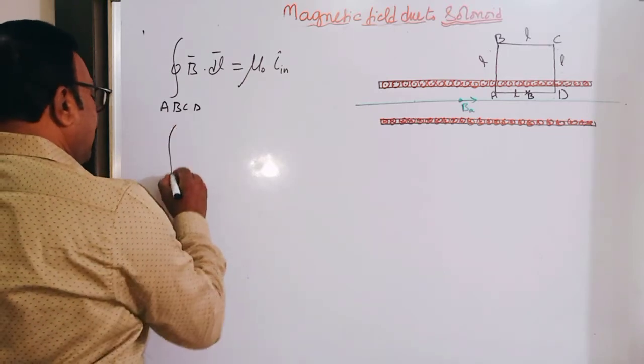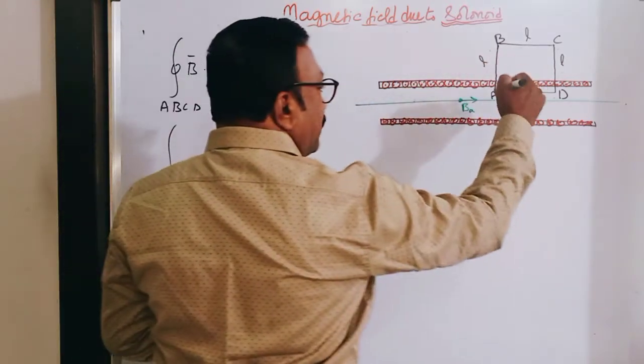So this is an integral. I'll split it into AB, BC, CD, DA.